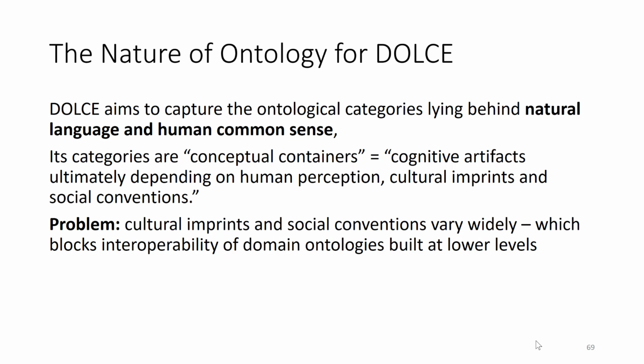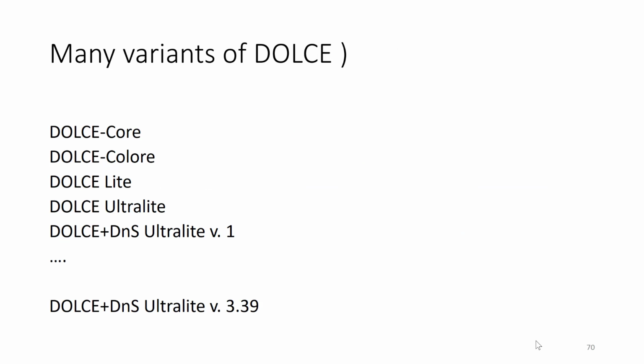Now, why did DOLCE lose? I think the first reason is that DOLCE does not have an ontologically realist basis. It sees ontology as representing cultural imprints and social conventions. So it's trying to capture the ontological categories lying behind natural language and human common sense, not the terminological architecture of scientific theories, which is what BFO tries to do.